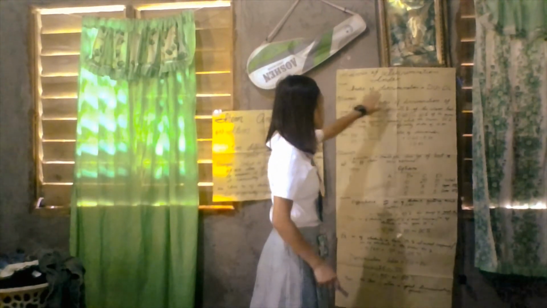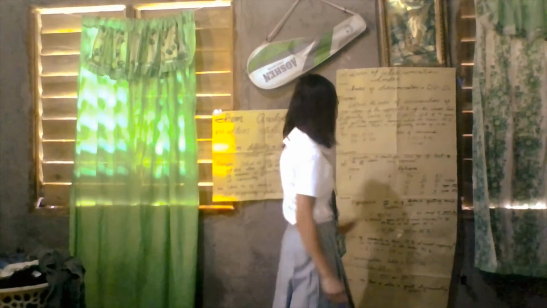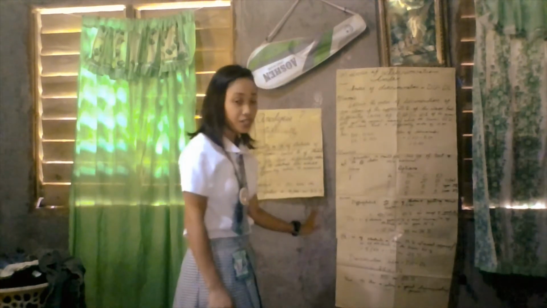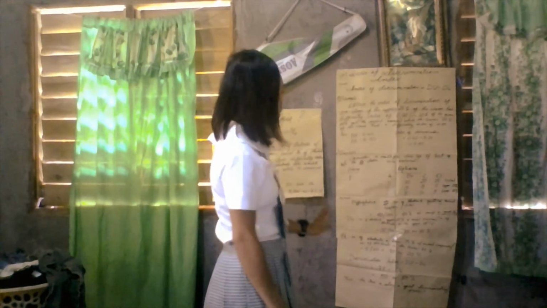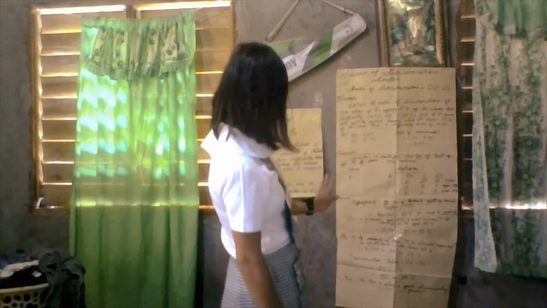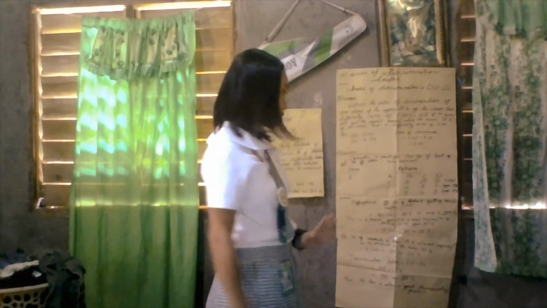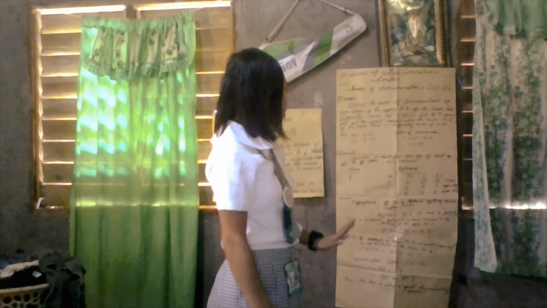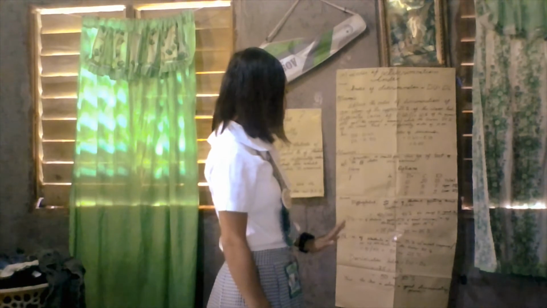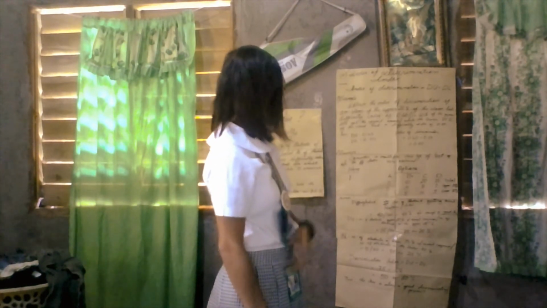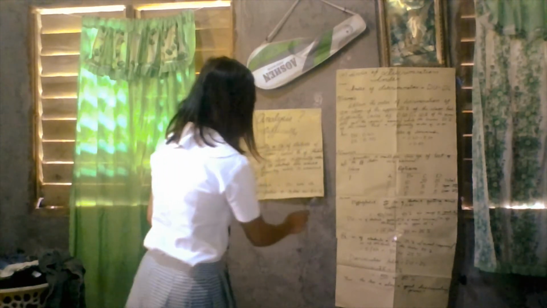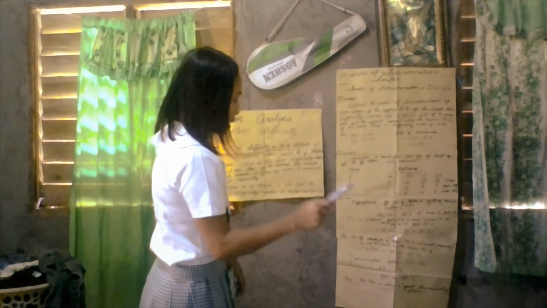Our formula is index of discrimination equals DU minus DL. The value of our DU is 0.75 or 75%, and the value of our DL is 0.25 or 25%. So 0.75 minus 0.25 is equal to 0.50 or 50%.